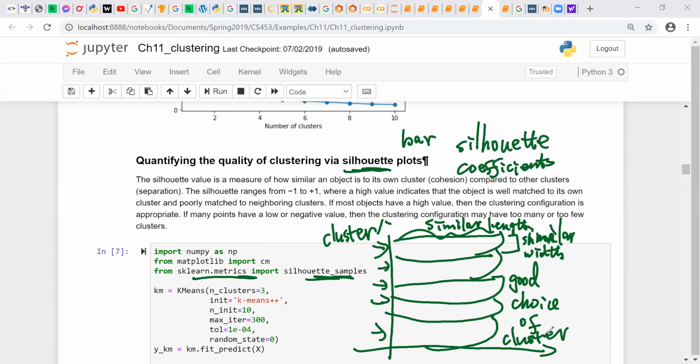And if you have one cluster like this and the other cluster like this, definitely, if you only have two clusters, that's not a good clustering, okay?